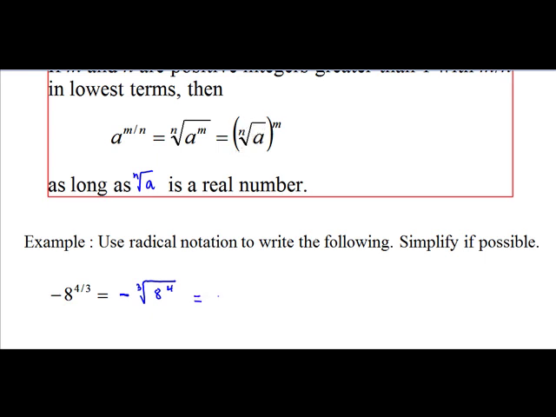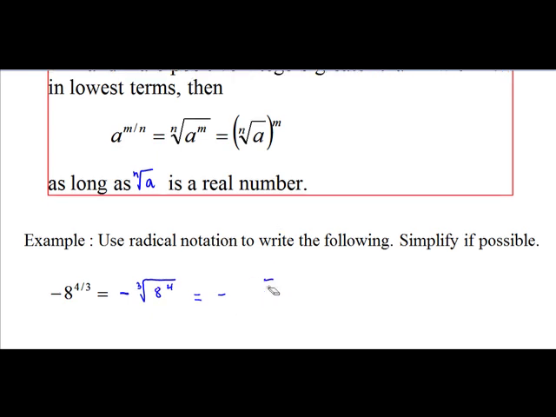So I put minus the cube root of 8, and then to the 4th power. Because if you use this form, 8 to the 4 is a very huge number, and then the cube root is harder. So it's easier to use this last formula to simplify the radical. So the cube root of 8 is 2. And then 2 to the 4 is 16. So your answer is minus 16.